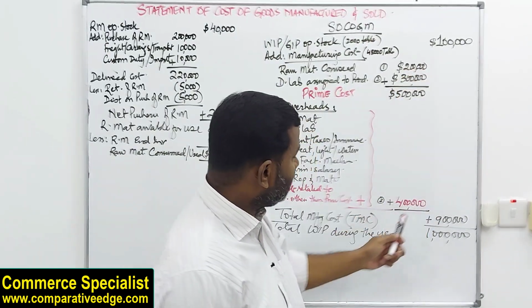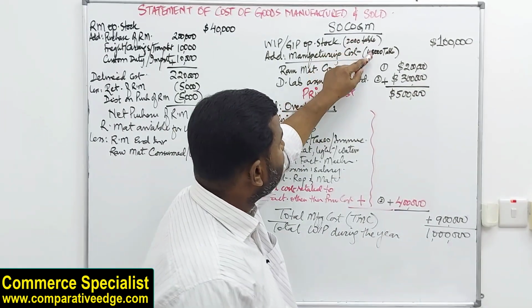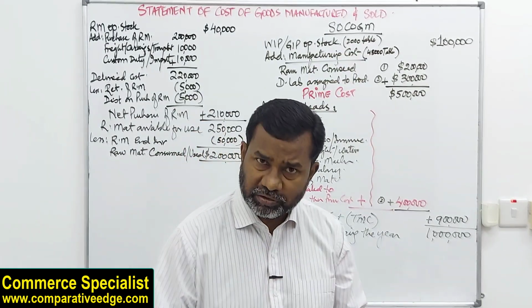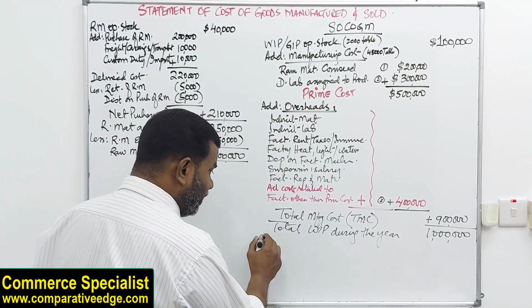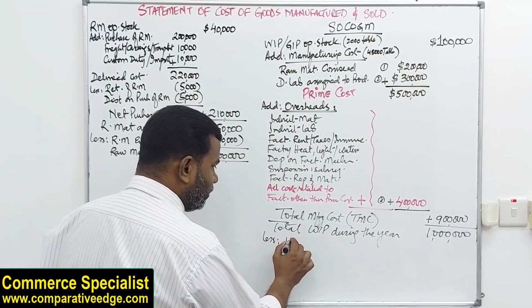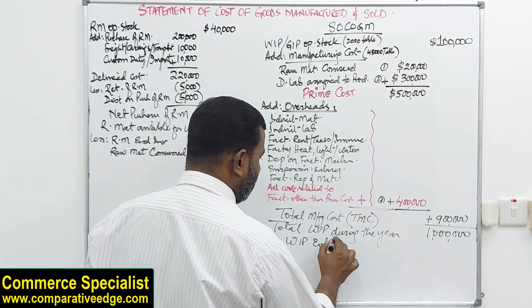So 1 and 9, this is the total cost which has been incurred so far on 2 plus 48, which is 50,000 tables. And if I tell you at the end of the year, less work in process, ending inventory or closing stock.